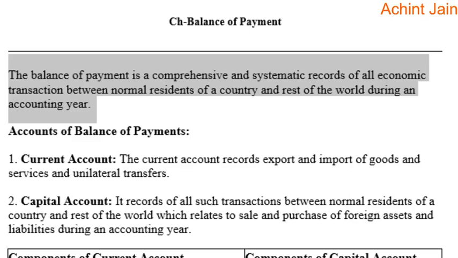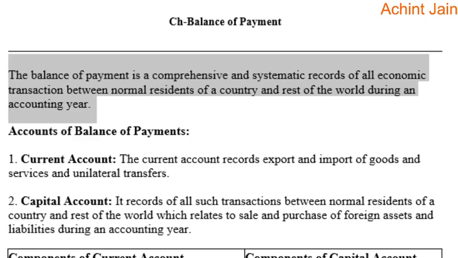First I will tell you about the visible items. All types of physical goods imported and exported are known as visible items. Invisible items: all services which are exported and imported are known as invisible items.